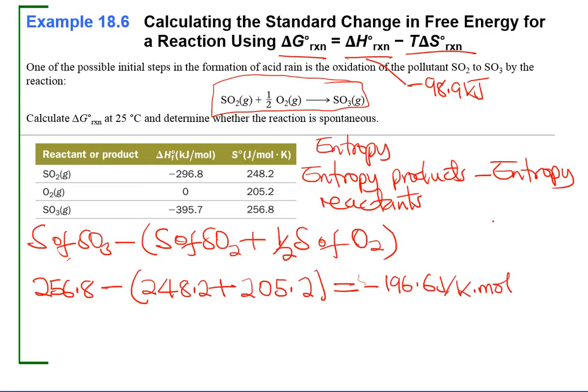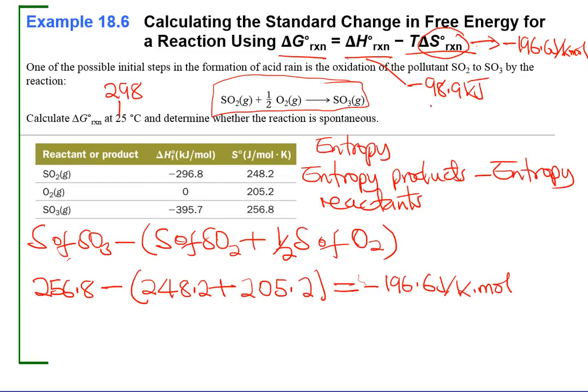So we can say that based on this equation, we know this one. This one is minus 196.6 J per K per mole. So we have delta H, we have delta S. Now the temperature here is given as 25 degrees Celsius, which is 298.